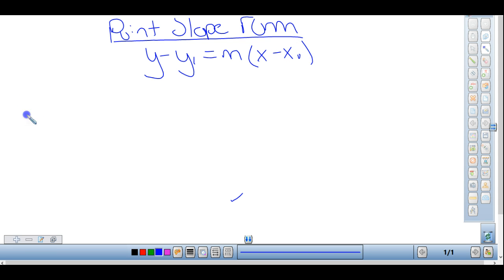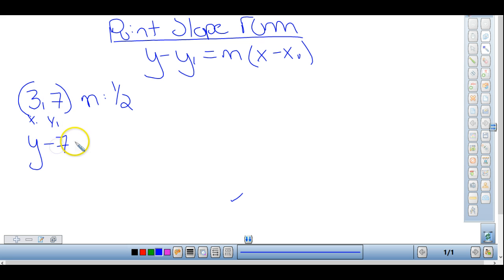So if I have the point 3, 7, and my slope equals 1/2, now I can go y, remember x1, y1, so y minus 7 equals m, which is 1/2, and then x minus, what's my x1?